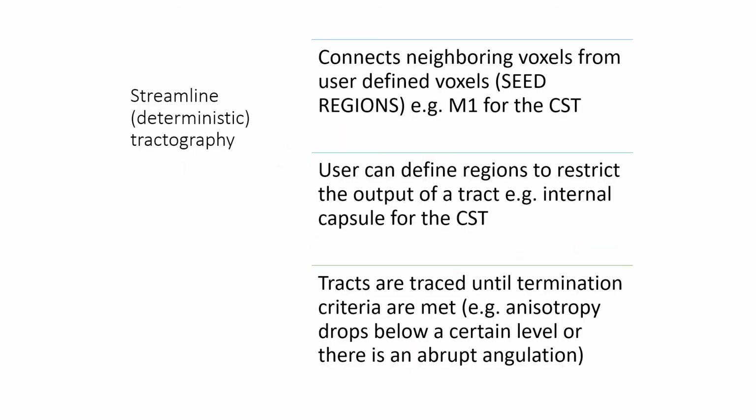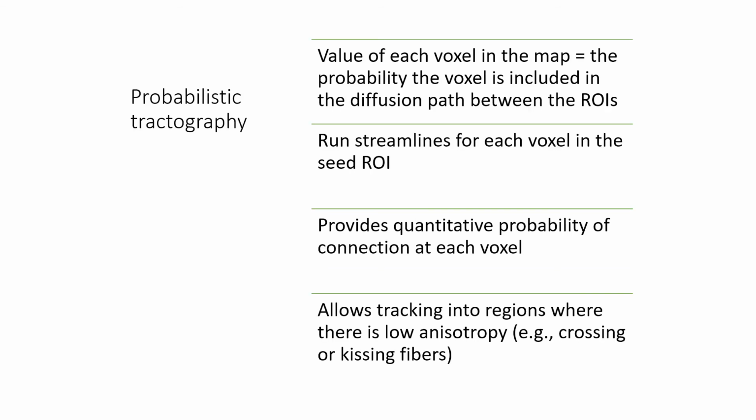But again, deterministic, the streamline tractography, we draw a line, we connect the dots, essentially, based off of a rule. Probabilistic really provides more tracking into complex regions, although there are deterministic methods that use very complex mathematical models that can do a similar thing. And it also provides this quantitative probability of connection at each voxel.